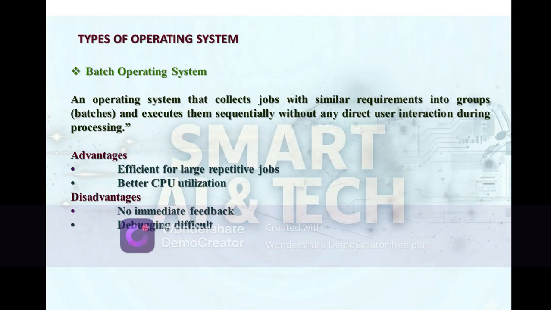Explanation: in a batch operating system, jobs are submitted in advance and stored in a queue. The OS groups similar jobs into batches. Each job is executed automatically, one after another. No user intervention is allowed during the execution.